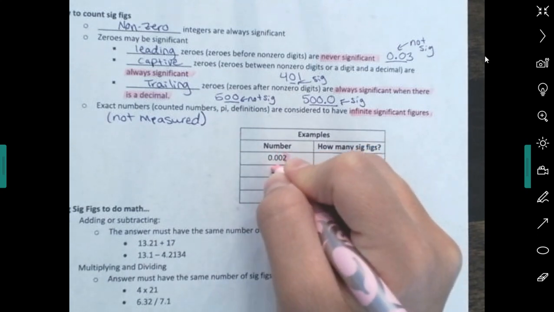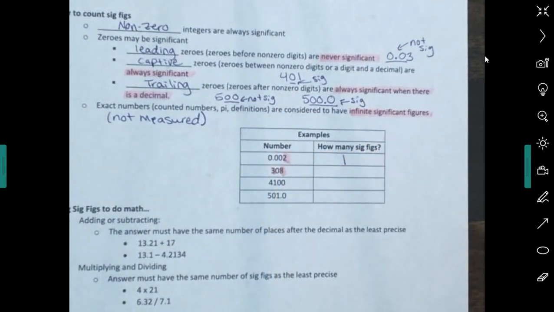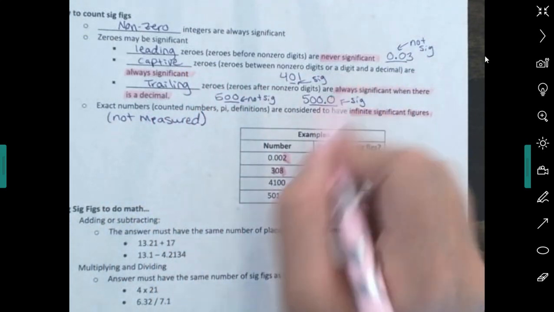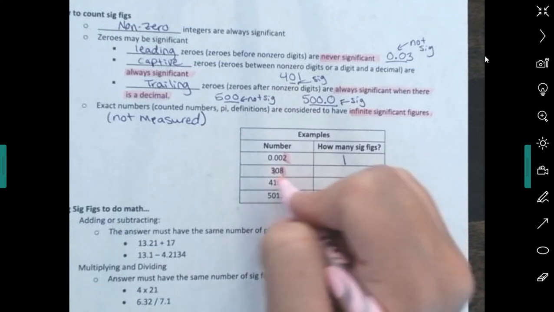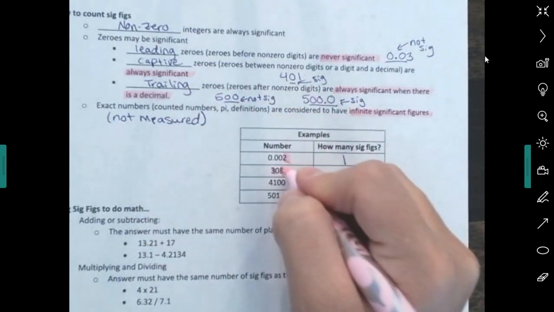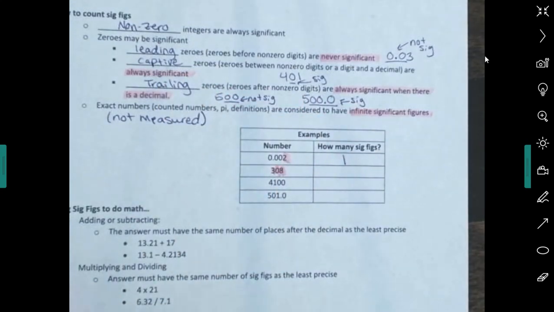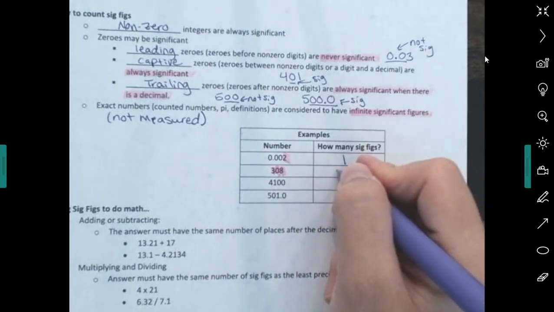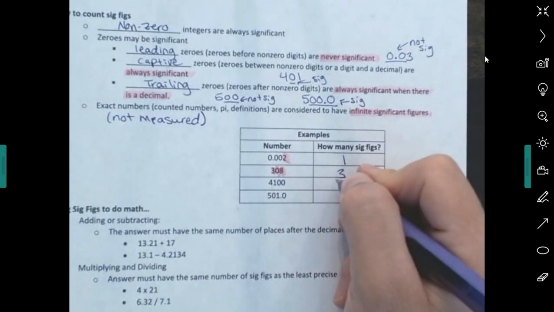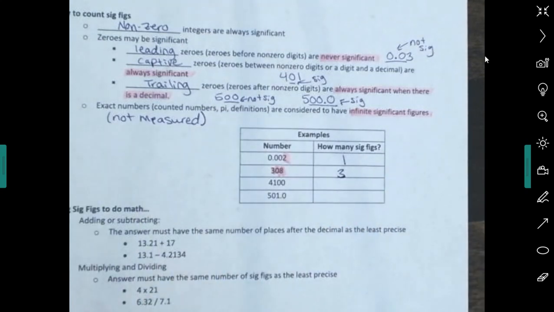So the 3 and the 8 are significant. Is the 0 significant? Let's see. That's a captive 0 because it's in between 2 non-zero digits. So captive zeros are always significant. So this has 1, 2, 3 sig figs.